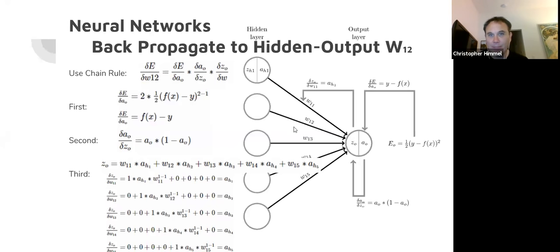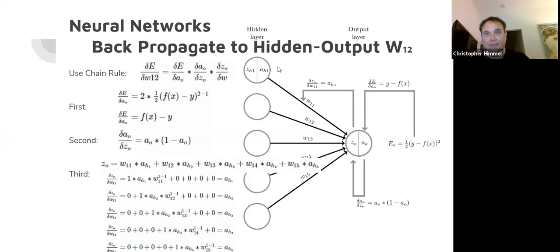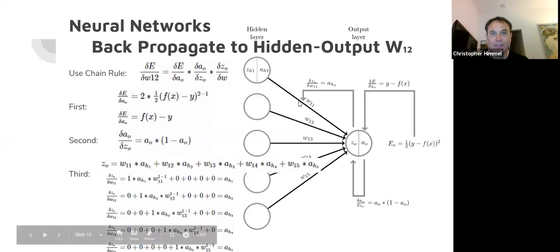Here I just picked one of them, W12, which is actually, I'm sorry, no. This W12 actually represents all of them. It's the weights from the first layer here to the second layer, the hidden layer to the output layer. That's the capital W12. Here's just like the weights within that matrix.